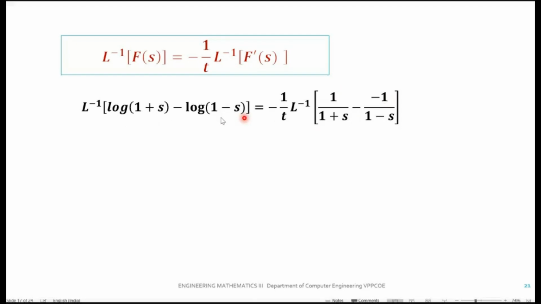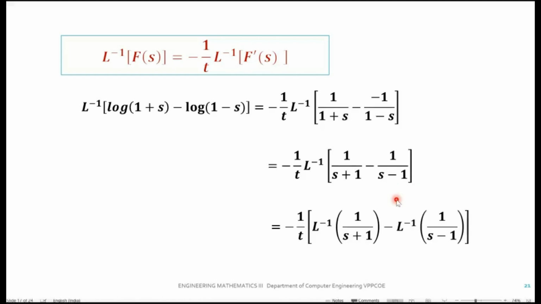Now it is 1 minus s. तो 1 minus s का डेरिवेटिव हो जाएगा minus 1 upon 1 minus s, because s का कोएफिशिएंट minus 1 है यहाँ पे. तो minus 1 upon, the minus sign I can adjust in the denominator. I can write 1 upon s plus 1 minus 1 upon s minus 1. Then L inverse निकालना है, the same method. ठीक है? खाली tan H inverse अगर formula याद है, it becomes very easy.